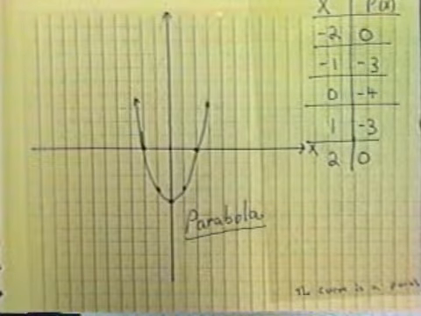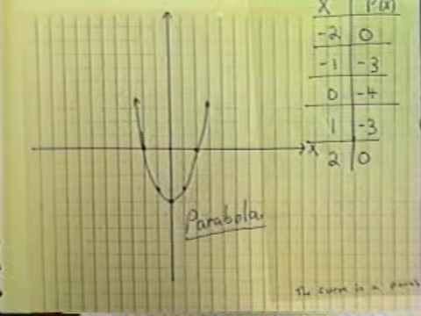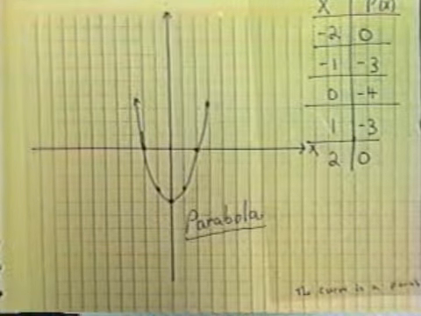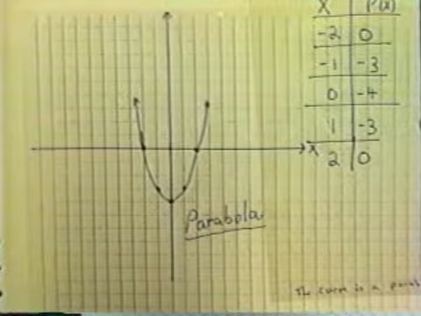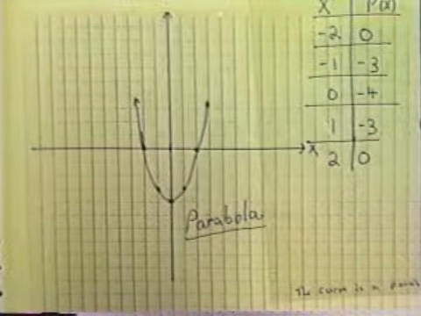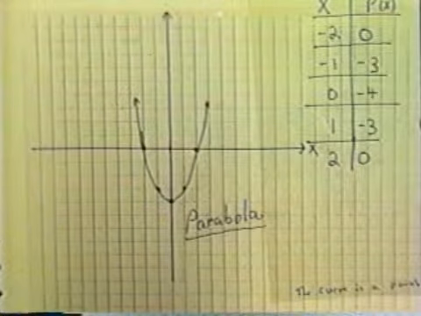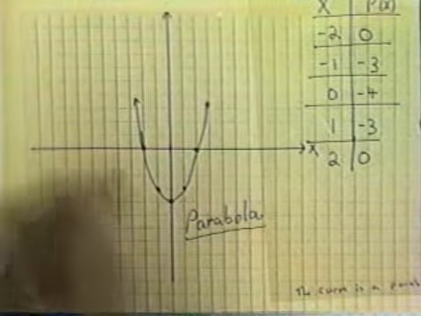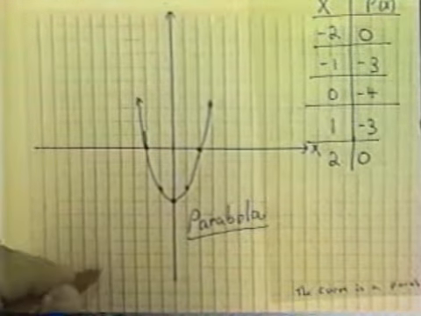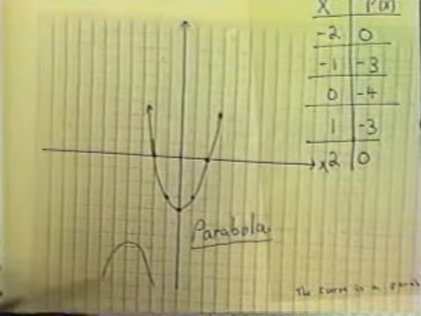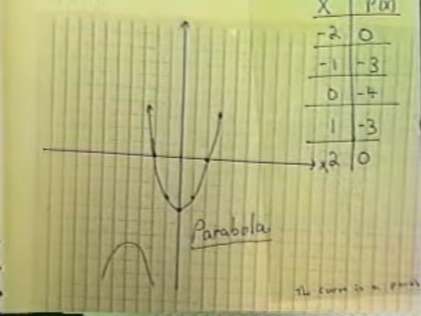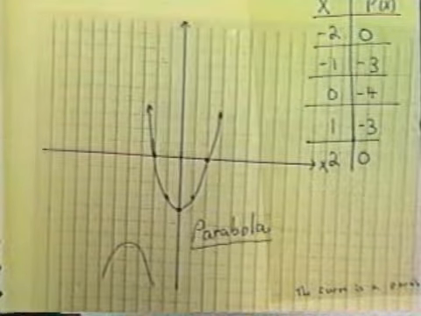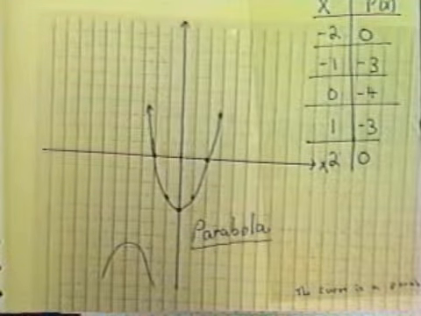That particular curve is called a parabola. All quadratic functions have parabolas as their graphs. Some of the parabolas will open up as this one. Some of the parabolas will open down. But all quadratic functions have parabolas as their graphs.